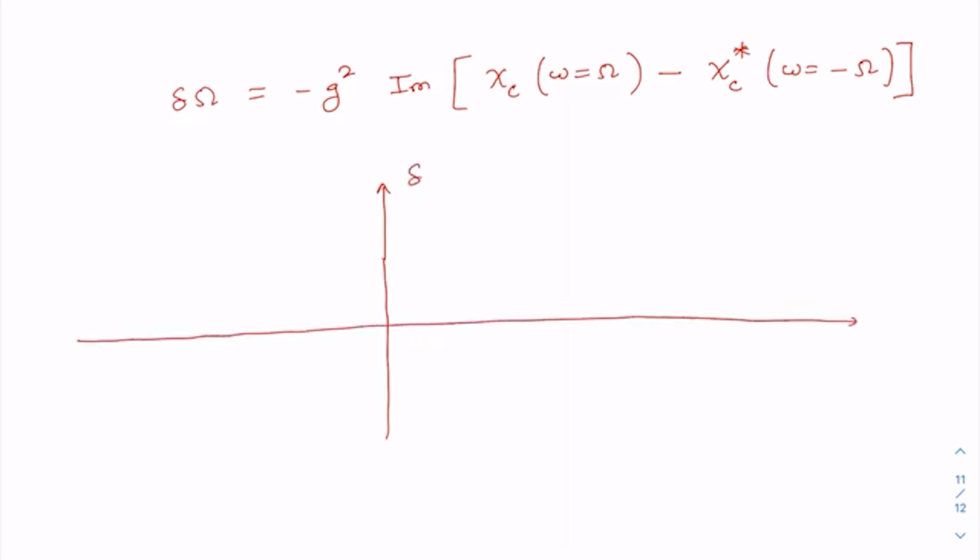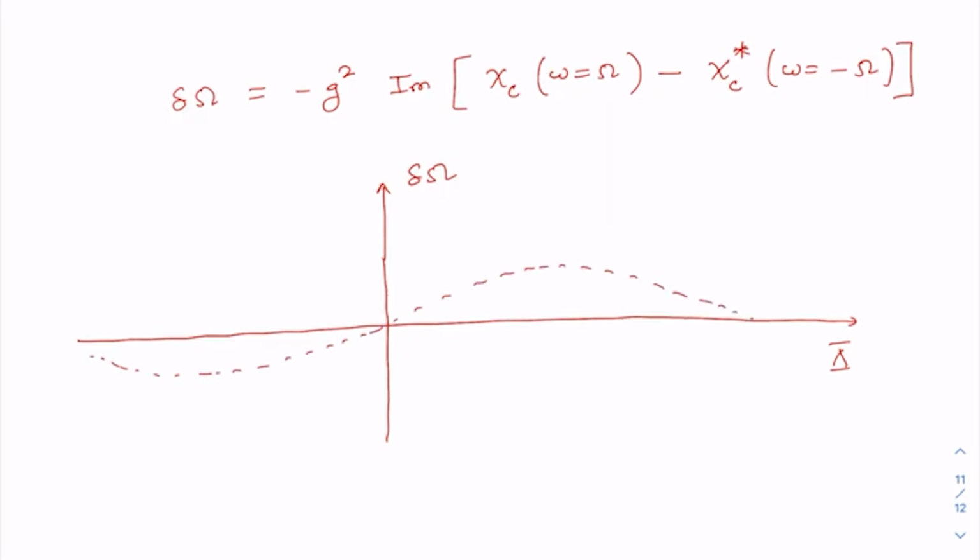So this is my delta omega, the frequency shift, versus delta bar. Now in the regime when the cavity decay rate kappa is much larger than omega, the resonance frequency, the plot will look like this. It would be antisymmetric.